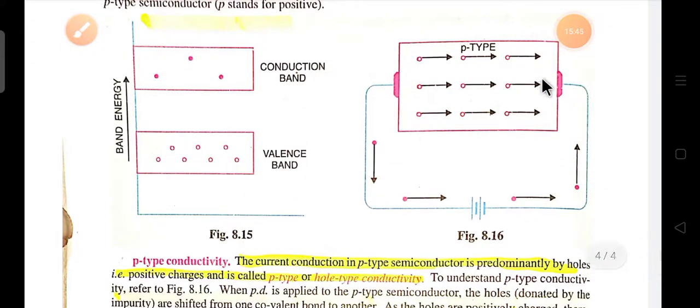Here the negative side of the battery attracts holes, and due to that the flow of current is done.